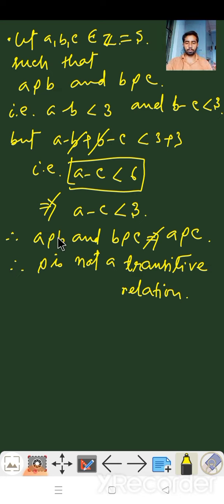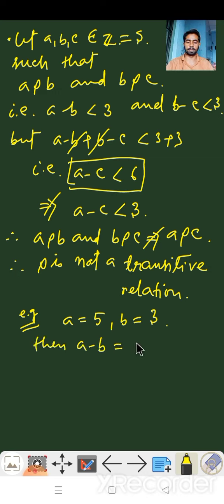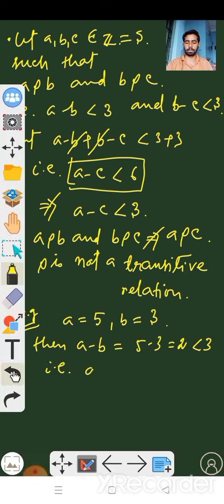To verify the transitivity, we will take an example. Suppose a equals 5 and b equals 3. Then a minus b equals 5 minus 3 equals 2, which is less than 3.